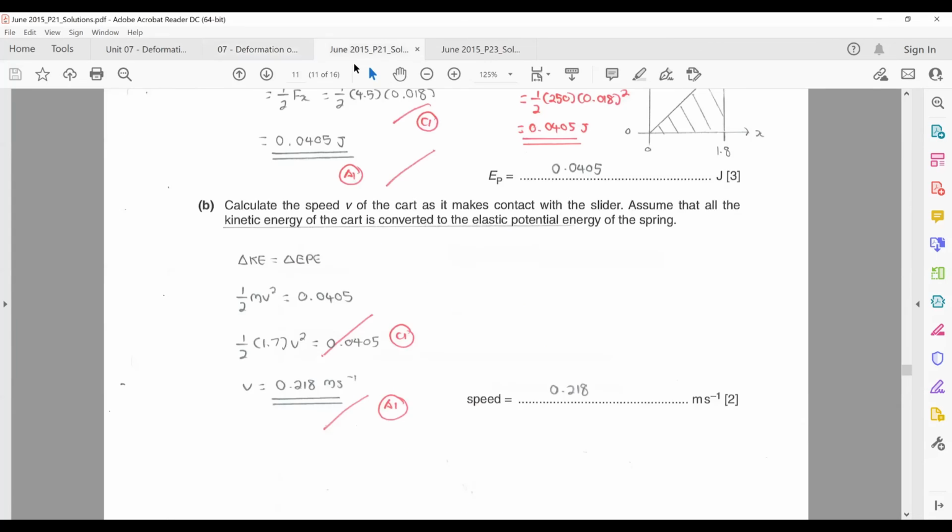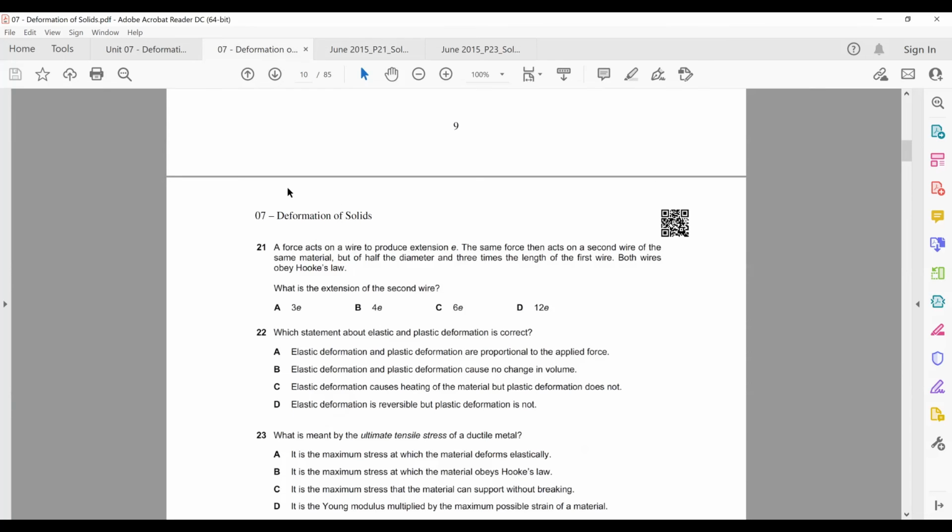So, sorry. How do you go about doing this? It's something like this. E is equal to stress over strain. I'm just going to write it out quickly for you. E is equal to FL over Ae. Sorry, this one is FL over Ae, which will in turn be the same as FL over pi over 4 d squared times e.